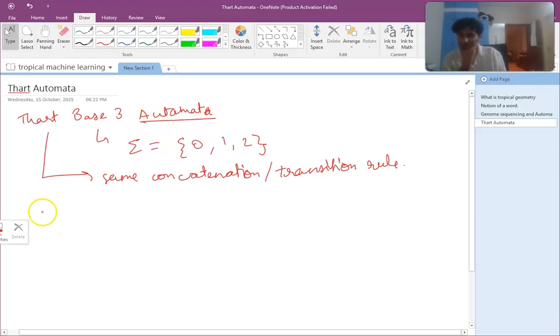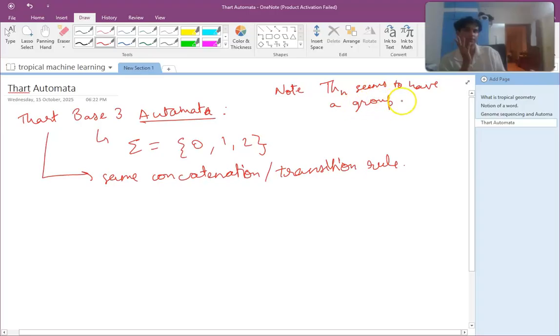And as a side note, T_H_N, or a general third in base N, seems to have a group structure, which is just something I'm putting out there for the record.